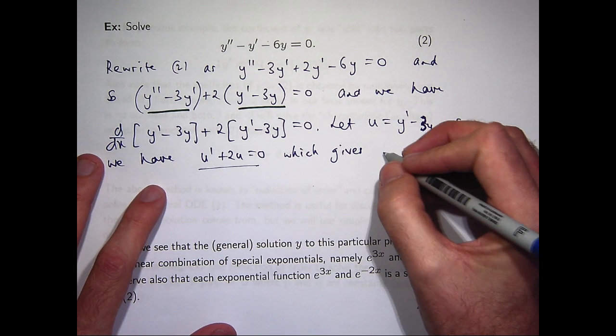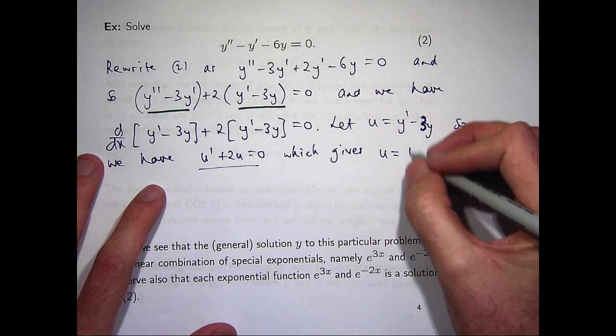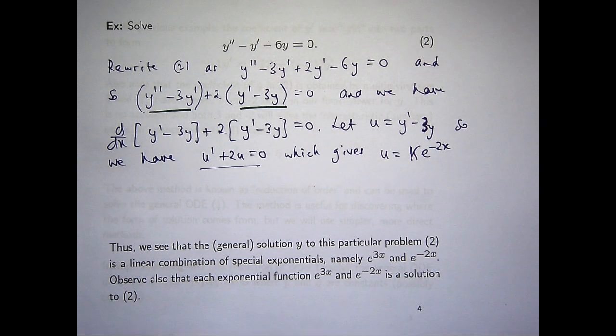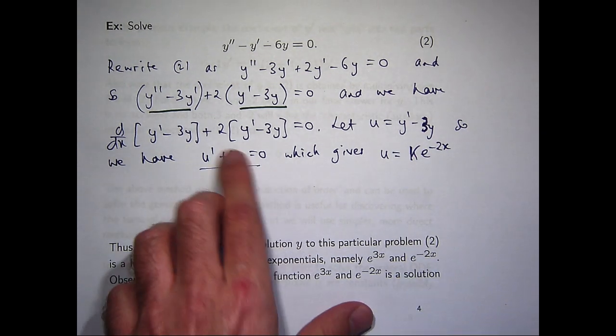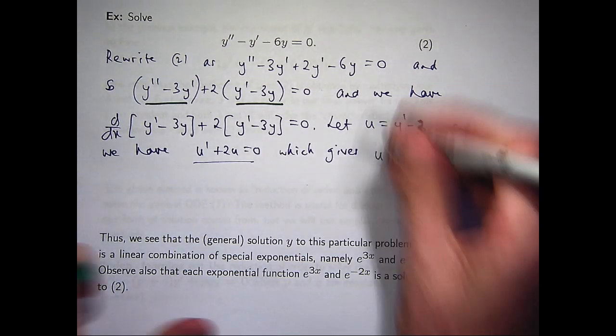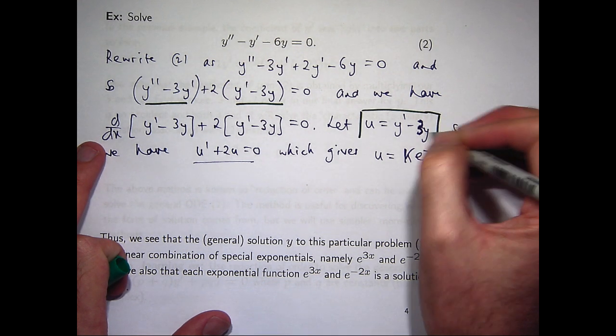Let's use a constant k, let's say. Okay, so k is an arbitrary constant here. So I've solved that problem. What I can do now is back substitute into this problem.